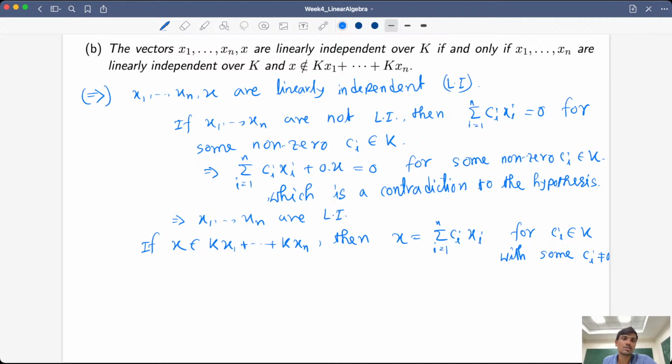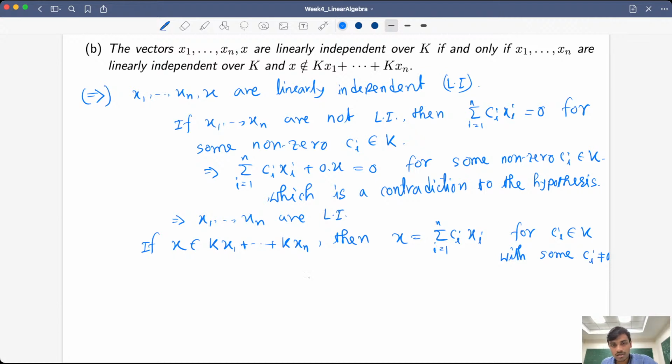Because for 0, I can write all the coefficients of x1, x2, ..., xn as 0, and I can put any coefficient for the 0 vector, like 100 or 1. So 0 cannot be part of a linearly independent set, so we must have some Ci non-zero.